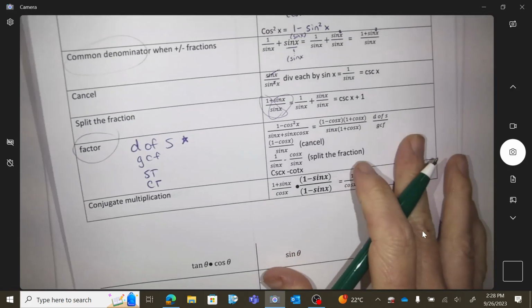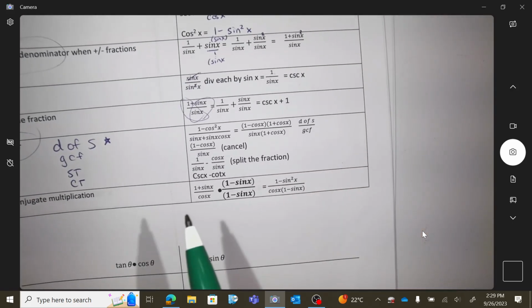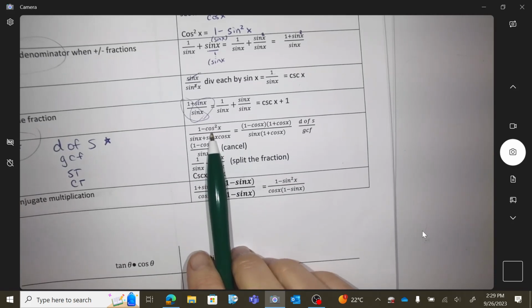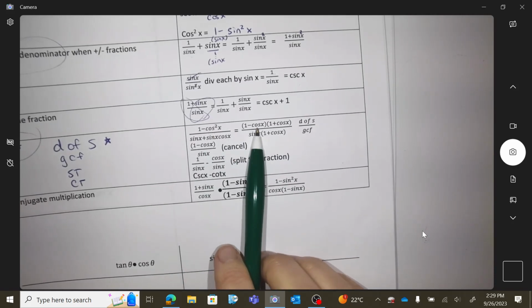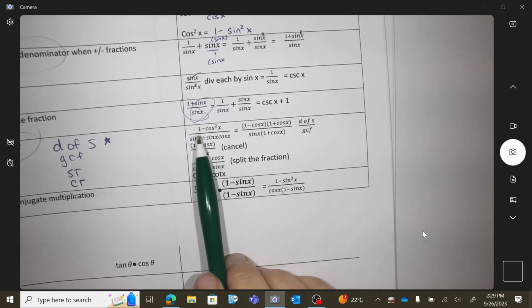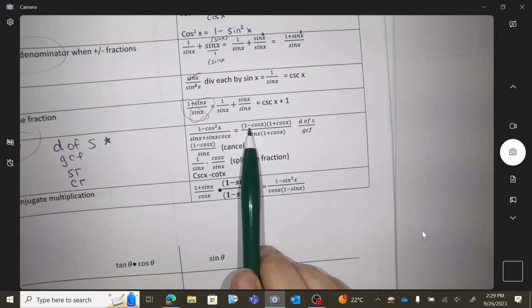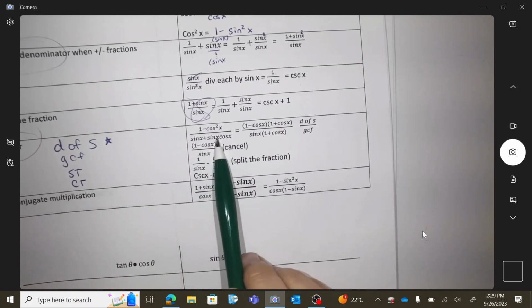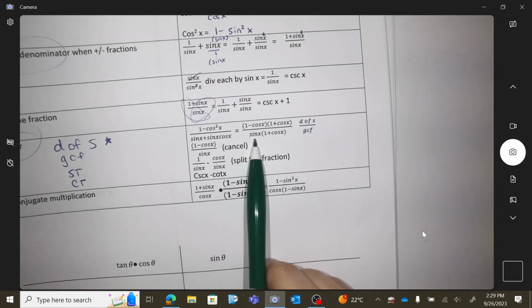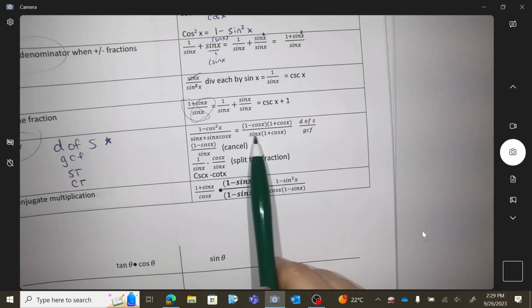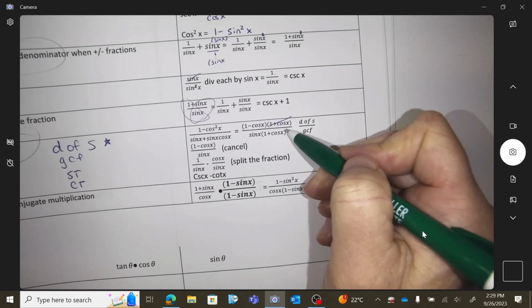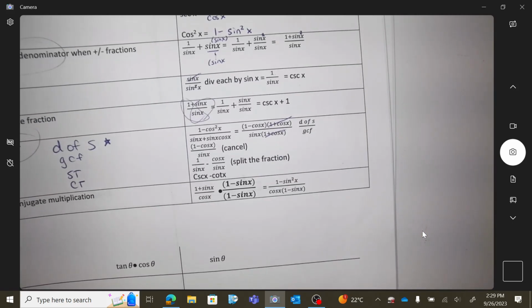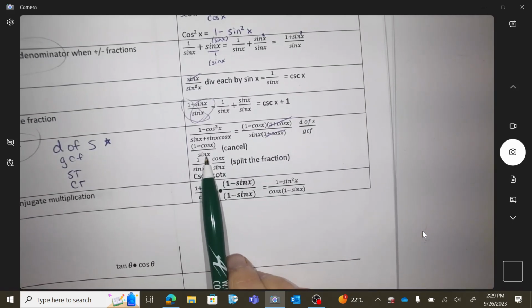Okay, here is an example. You ready? What I did, you can see here, I did a difference of squares. Difference of squares, split apart. Then on the bottom there were two terms. So what did I do? I GCF'd a sine x out of them. Then this factor and this factor can cancel, and that's how I got to the next step.